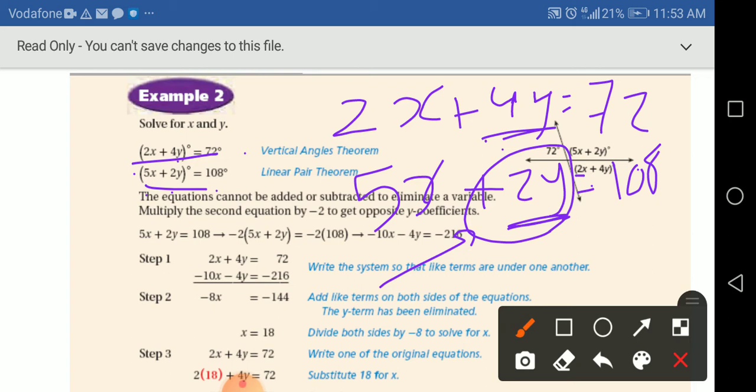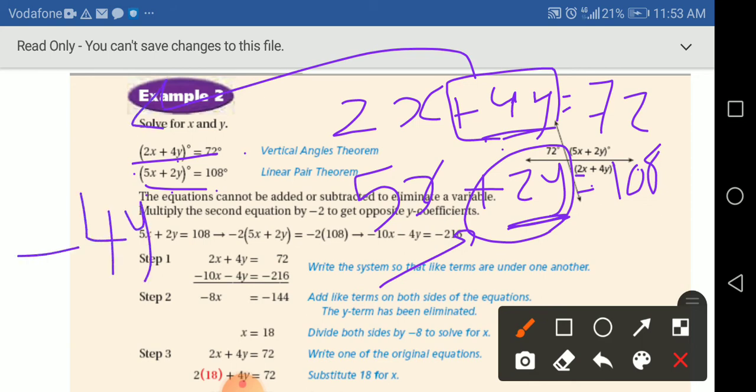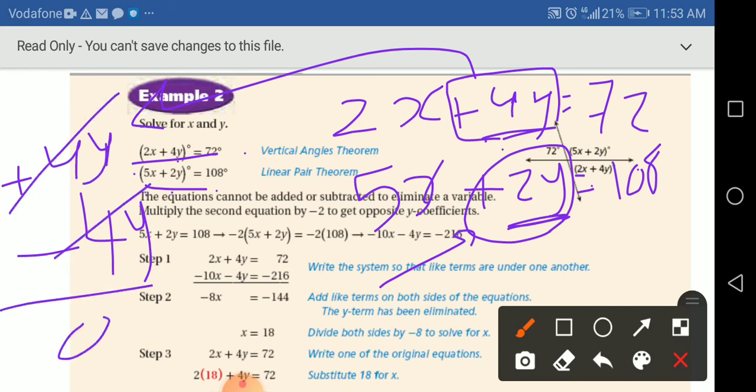What's the additive inverse? The opposite. The opposite of 4y is negative 4y, to make the addition of them 0. I want to have positive 4y and negative 4y. When I add them together it gives me 0. That's what I want to do, to cancel the y, to eliminate the variable y.